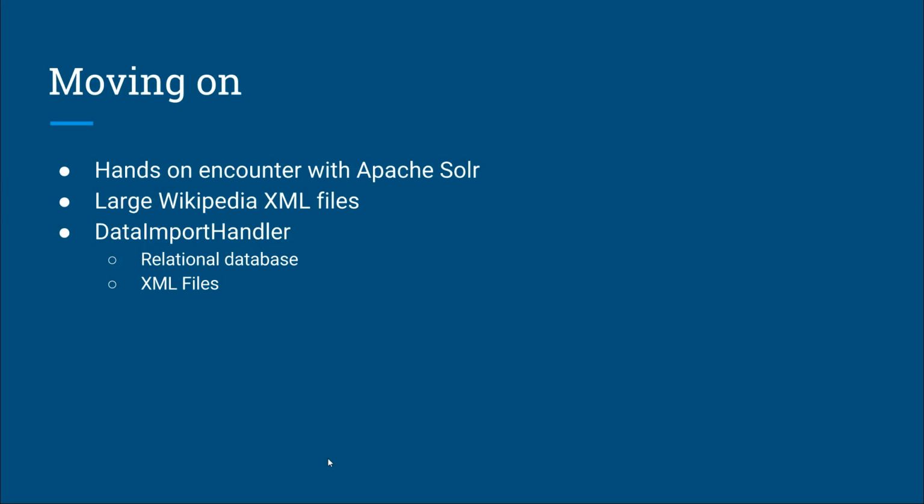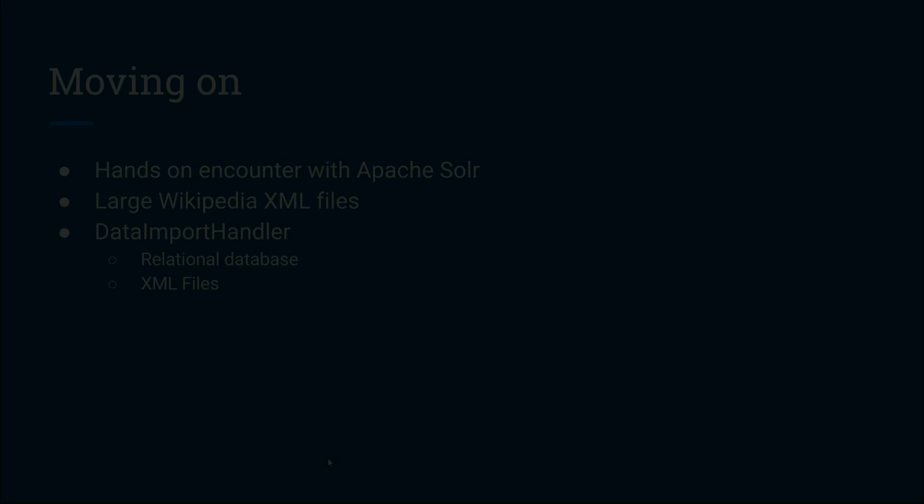In this case we will use what's known as a data import handler, which is an external library that you get with your Solr installation. This data import handler is very handy when you want to index relational databases or structured data like XML. And in this case we have XML, so data import handler is the way to go.